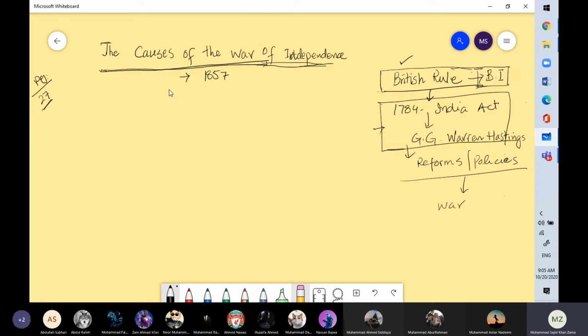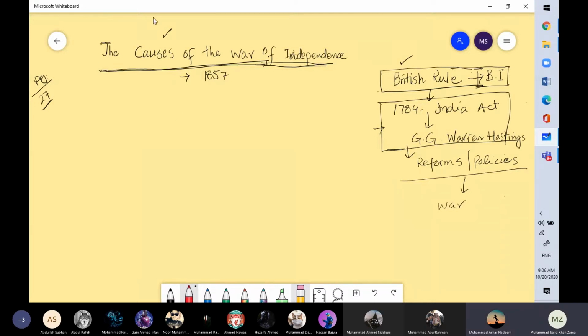Now this is what we're going to discuss, that is the causes of the war. So you should know that the causes of the War of Independence were British policies which they introduced in British India, which caused resentment and hatred amongst the Indians. This is the entire concept. Is it clear?